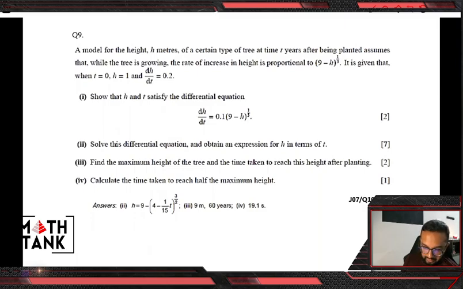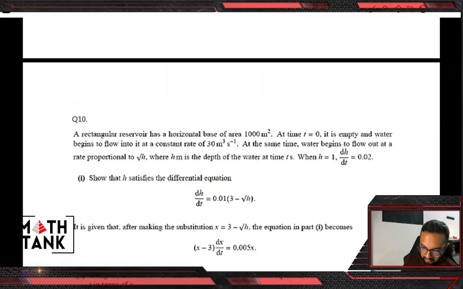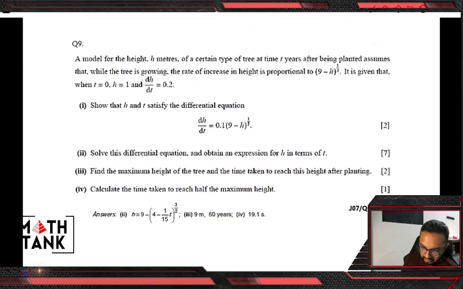Let's see if this question has anything that's very complicated. It says a model for the height h meters of a certain type of tree at time t years after the plant assumes that while the tree is growing, the rate of increase in height is proportional to k times (9 minus h) to the power 1/3.